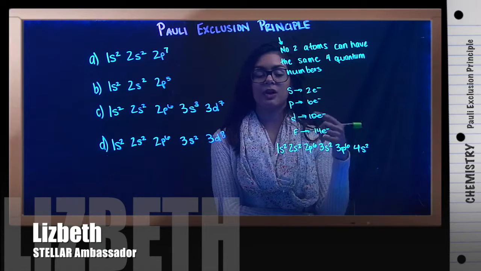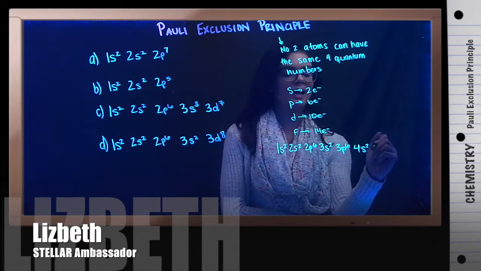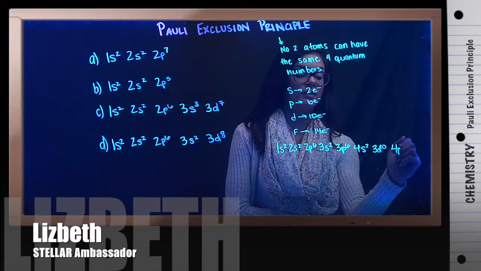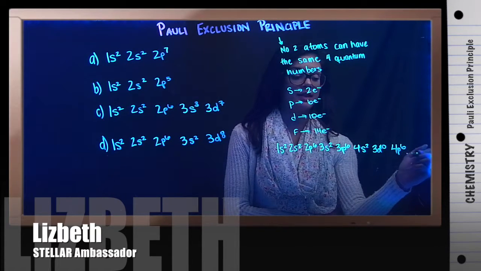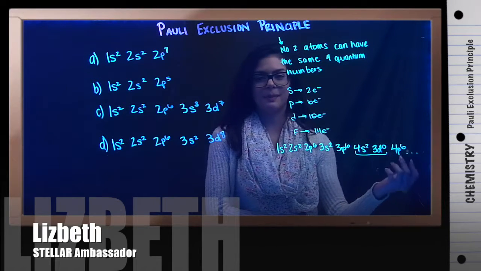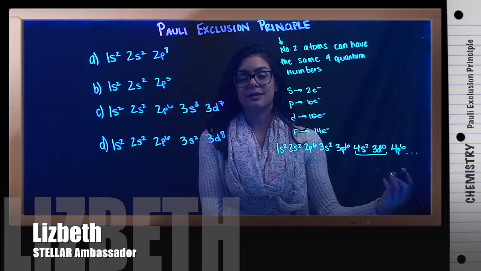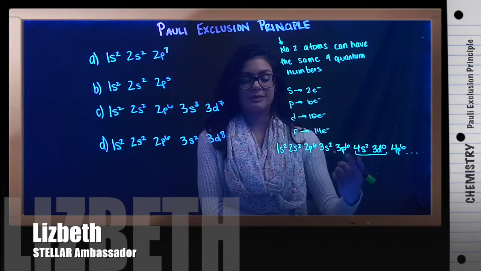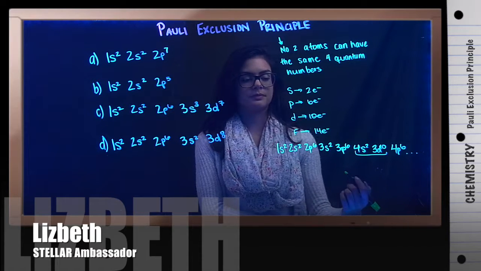Those transition metals are n-1, so it'll actually be 3d10 following that, and then you go on, etc. Notice that here we have a little blip in the system, and it's because the d orbital of the transition metals is n-1. So that's something to keep in mind as well.